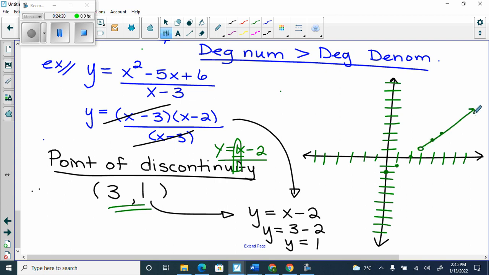Now say I'm stuck. Say I don't remember how to draw a line. I can still draw the point of discontinuity, the open dot. I can put the original into my calculator and it will give me those points to sketch it. So type the original in, and make sure if you're not using the fraction button that you're putting brackets. Type it in and see what it looks like.